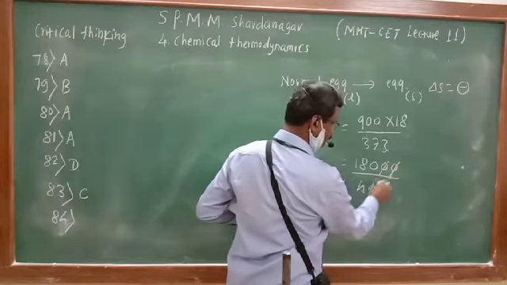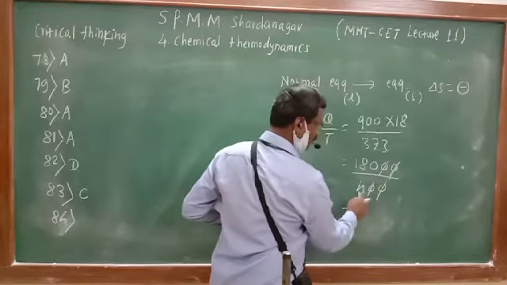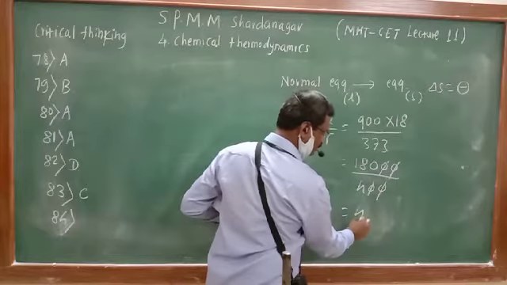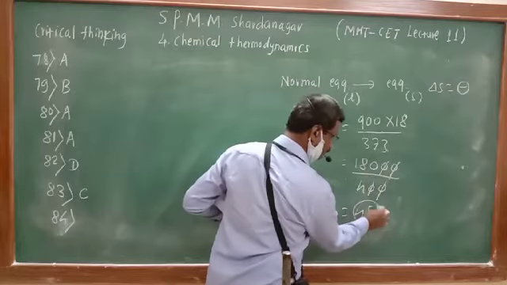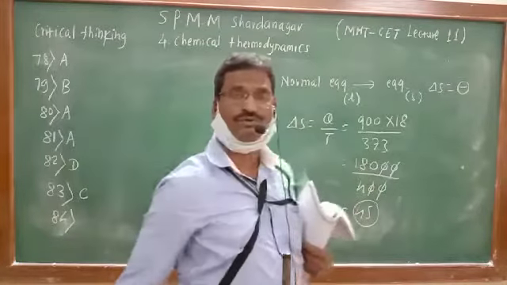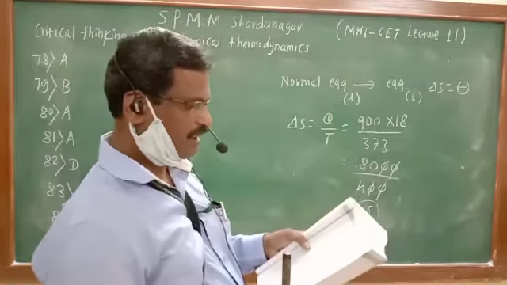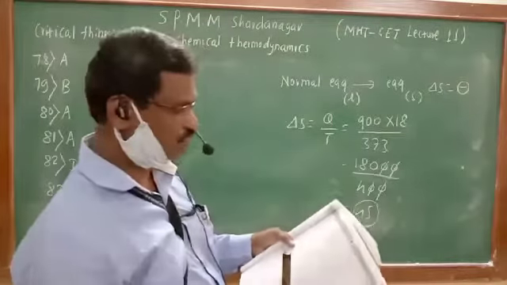Then 4 4s are 16, 4 5s are 20. The answer we are getting is close to 45, and they have given only one option close to 45.